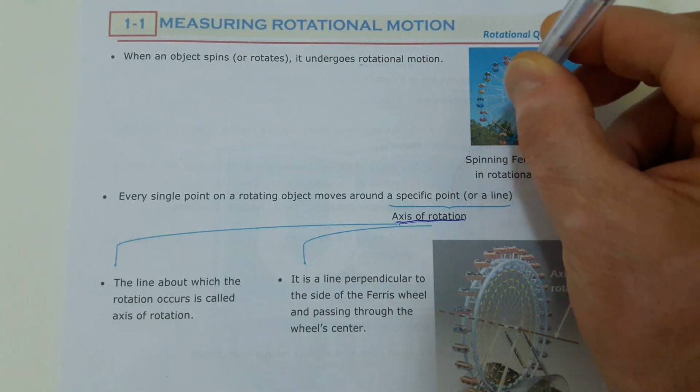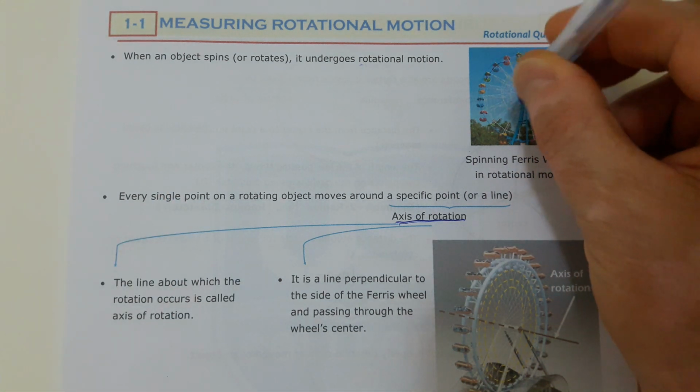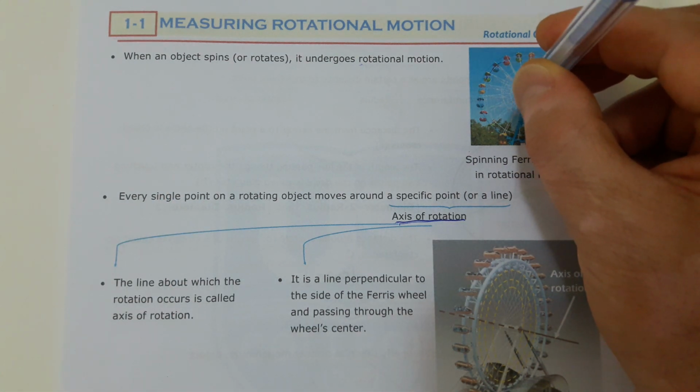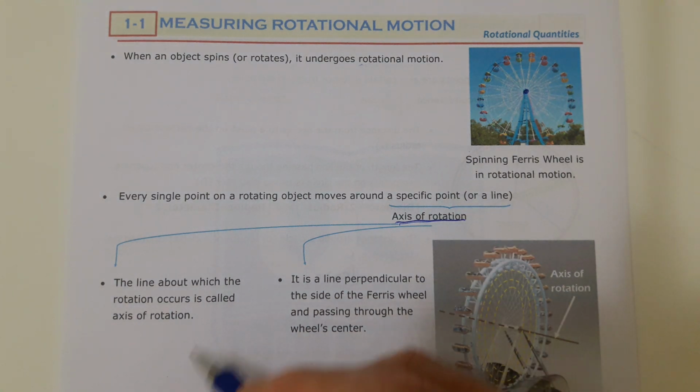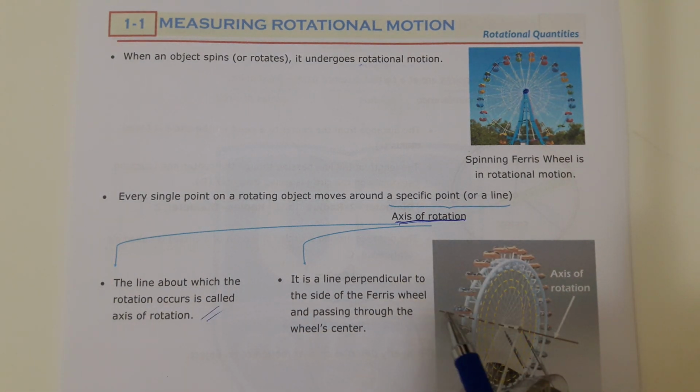That's why we say axis of rotation. Axis means the line. So about this line, this object is rotating. This is the first and very important definition. The line about which rotation occurs is called the axis of rotation.